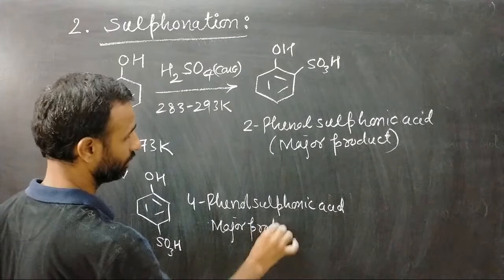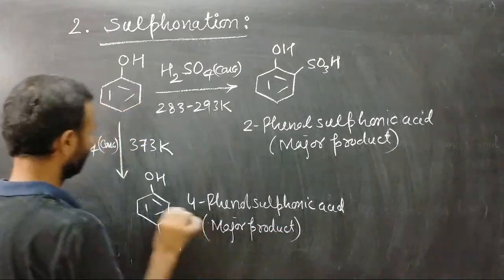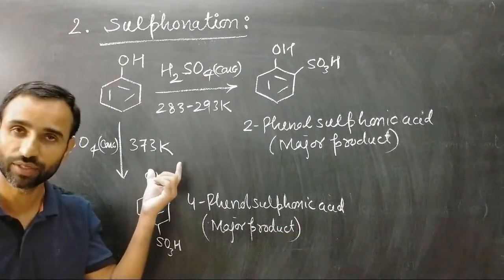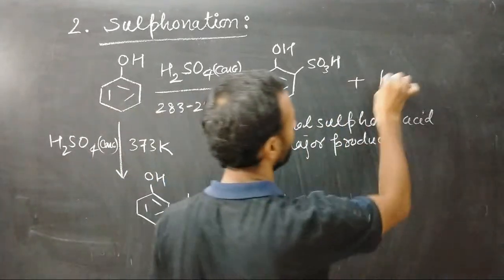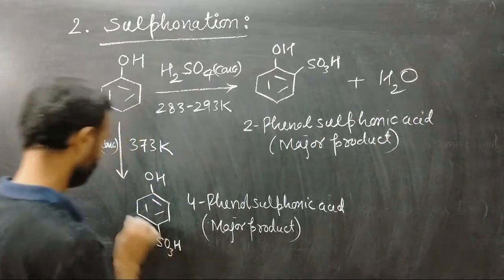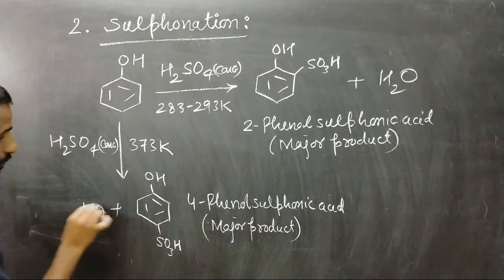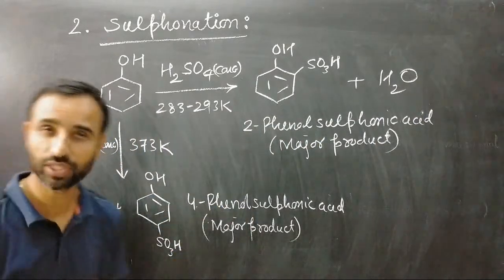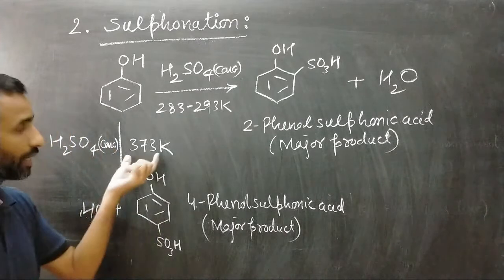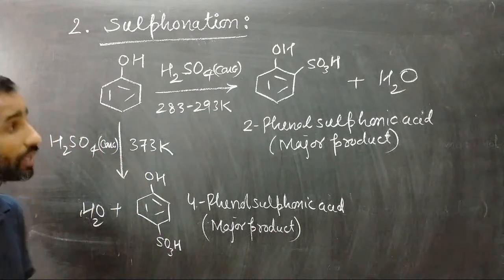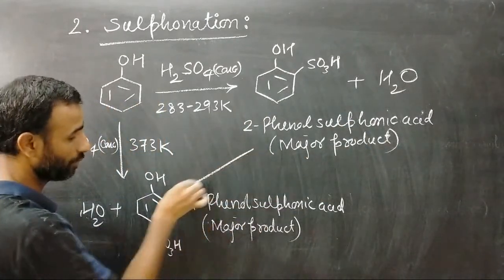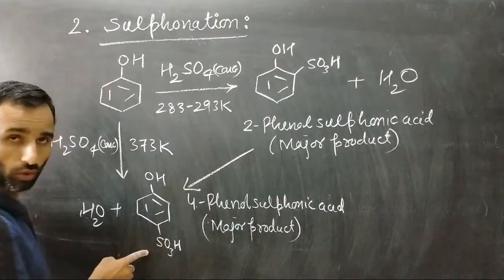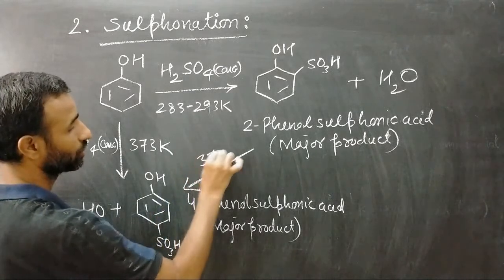4-phenol sulfonic acid is the major product when temperature is 373 Kelvin, or even 2-phenol sulfonic acid can be converted into the 4 product when we heat it.